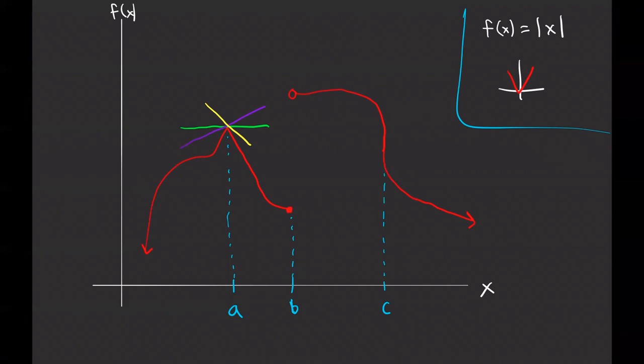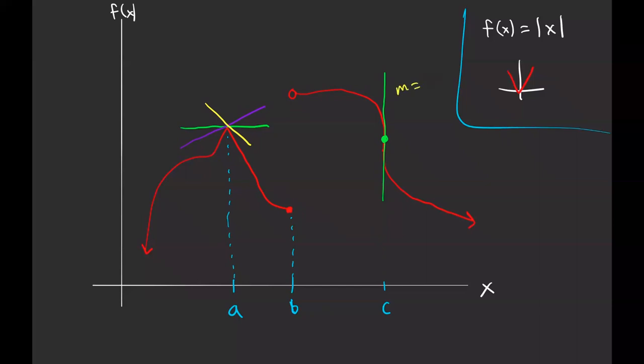And then C, this is that example of having a vertical tangent line. So I'm going to go ahead and erase some of these dashed lines right there. If I were to draw a tangent line at this particular point here, it would go straight up and down. And the reason we don't like that is because the slope of this line is infinity.